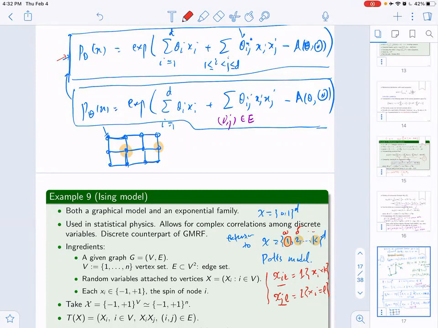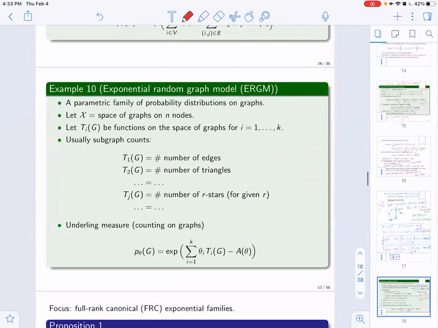Other questions, comments? Okay, so let me give you another example, which is also interesting to see how general these things could be. Suppose I want to design a probability model, or family of probability distributions, basically on graphs or networks. This is an active area of research where the data comes in as graphs or networks.